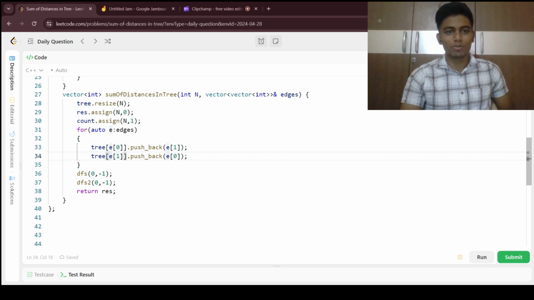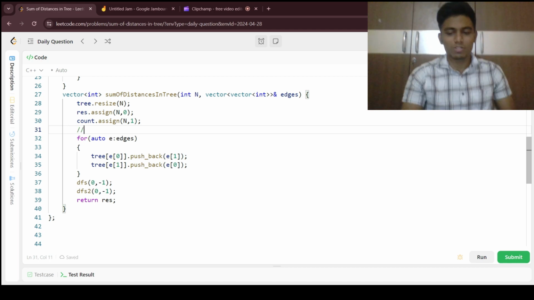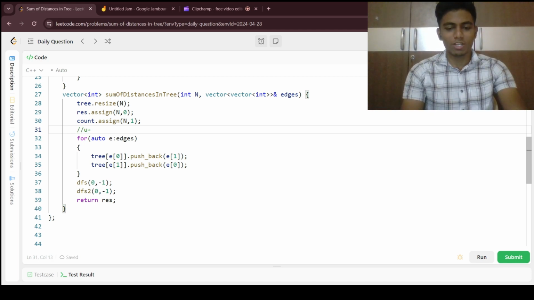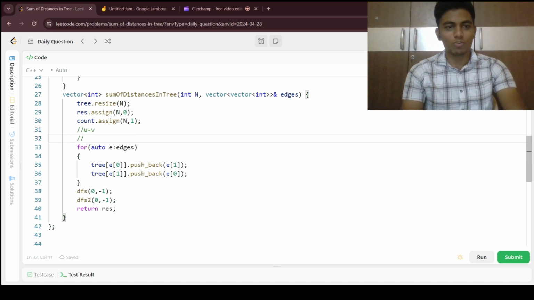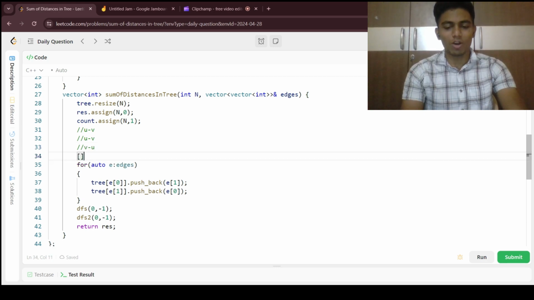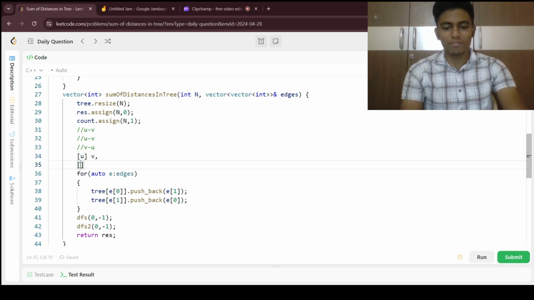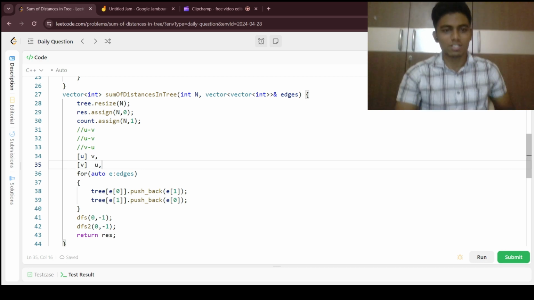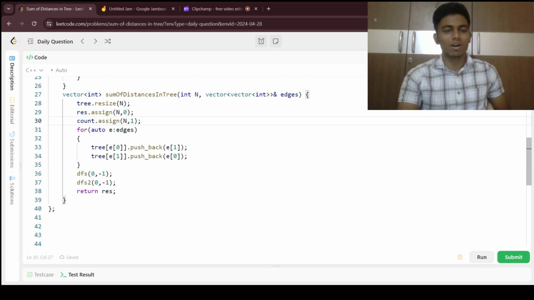Suppose let's say we have an edge between U and V. Now U is connected with V, and then V is also connected with U. Now when I call with U, it should give all the results of V and then other edges, and when I call with V, it should give the edges of U and all other edges. That's why we are going to add into our adjacency list so that we can get all adjacent elements which are present. And then we are going to do the DFS traversal.